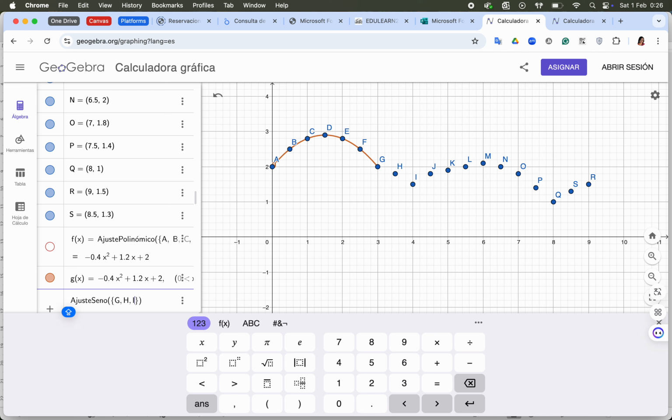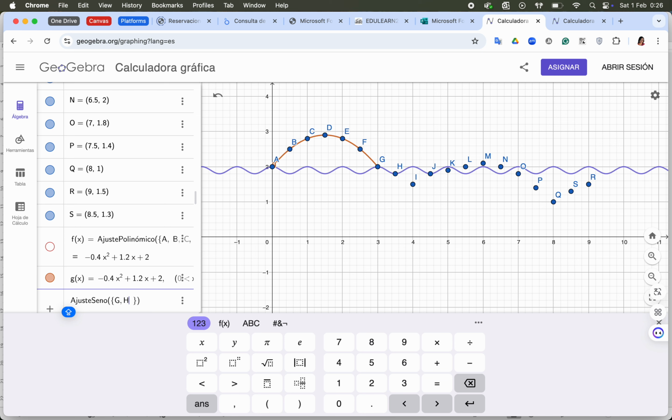If I add I, there's no graph drawn, that means that it doesn't fit. So I'm going to add J, and it fits a little better, but in this form, I don't like it, okay? So that means that I will add another, and I don't like it because it goes down and then it goes up too much.